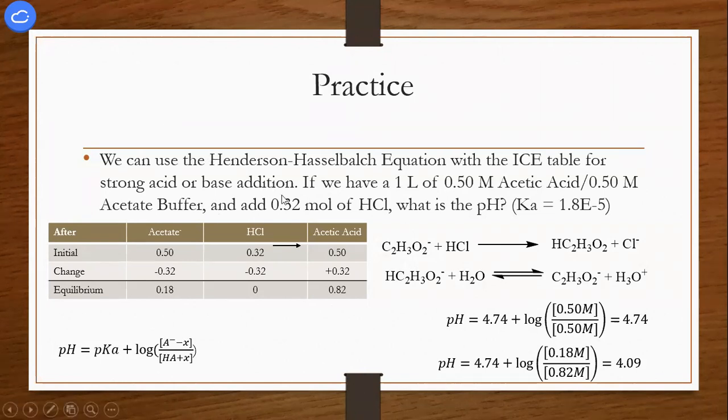So if there's HCl and no buffer, we would have had a pH of 0.5. But because we have this buffer in there, the pH is only 4.09. So this buffer has neutralized the acid and kept it from having a large effect.